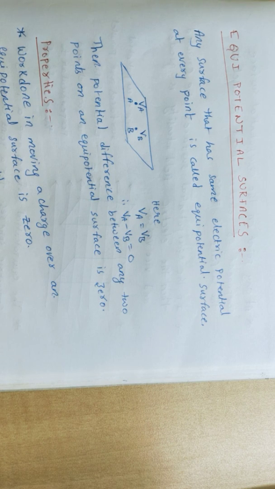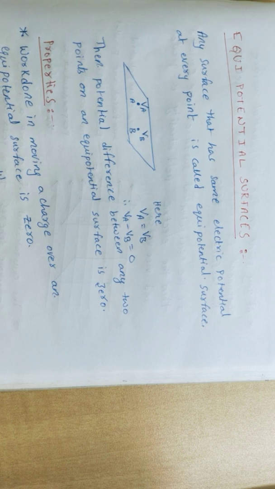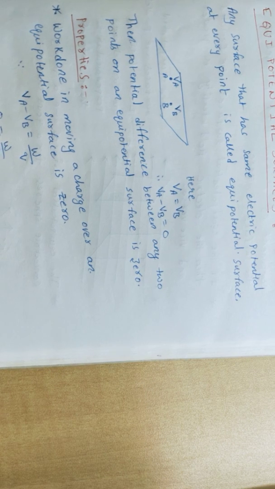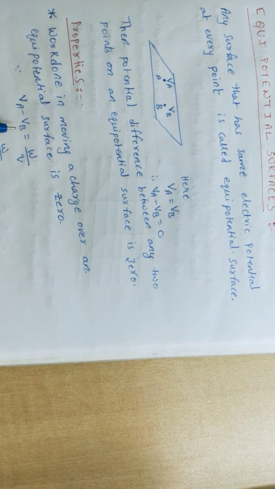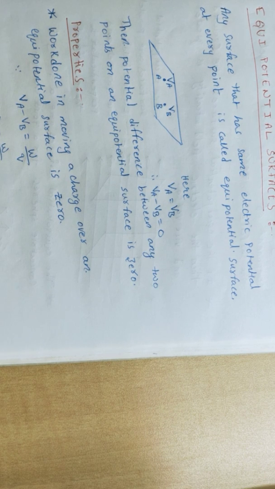So friends, for equipotential surfaces, a few properties we want to revise. What is the first and important property? If you move a charge on an equipotential surface, then the work done becomes 0. How do we get this work done as 0? Say we want to find the work done in moving a charge on an equipotential surface. By the concept of potential, we know potential is equal to work done on the charge.